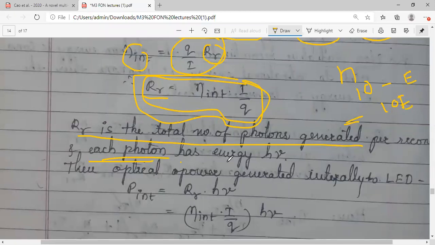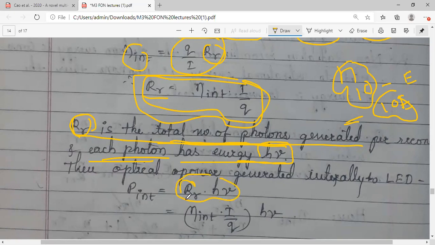Each photon has the energy h mu, and RR is giving you the total number of photons. It is nothing but 10 or n. That's the example I am giving. So the information on the total number of photons comes from RR, and each photon has the energy h mu. So I can get the total power by multiplying these two.